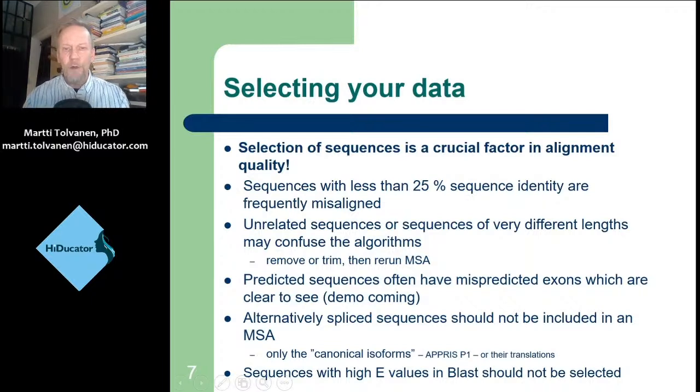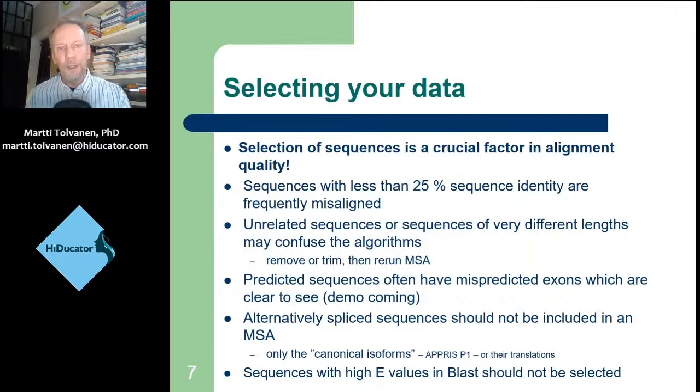And sequences of very different lengths with long insertions in between might throw the algorithm off the rails. So having more uniform data is always a big help. Observing your first alignment and then removing outlier sequences and realigning is part of the game, which you just have to accept.